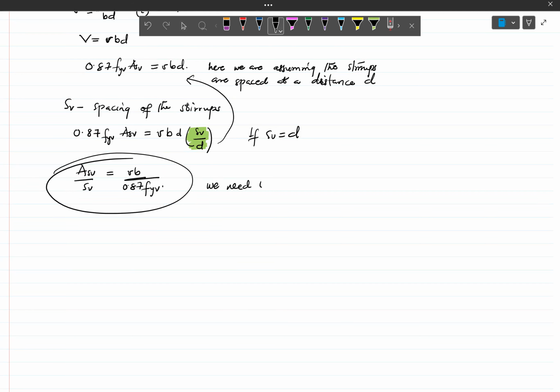We need to modify the equation here, and the goal is how we can include the fact that concrete can resist some amount of shear. Okay.